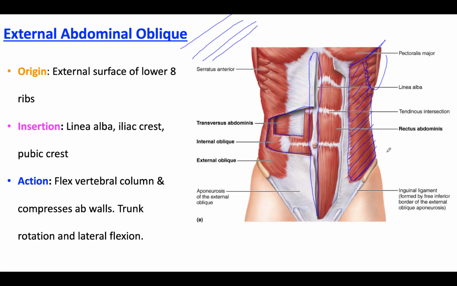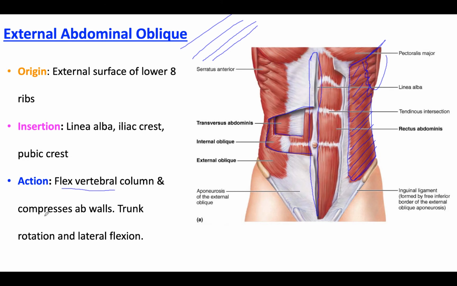We can't see it here in this picture, but we know where it is. Okay, the action of the external abdominal oblique muscles, they help flex your vertebral column. Flexing your vertebral column is quite important to keep your body from getting stiff, right?